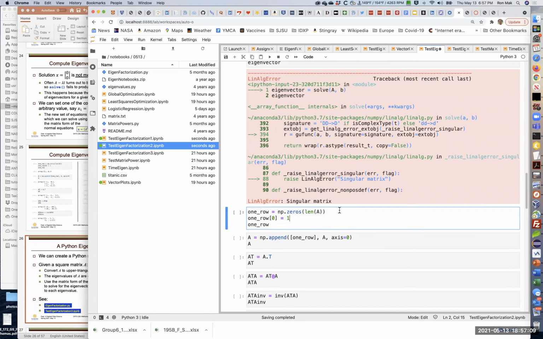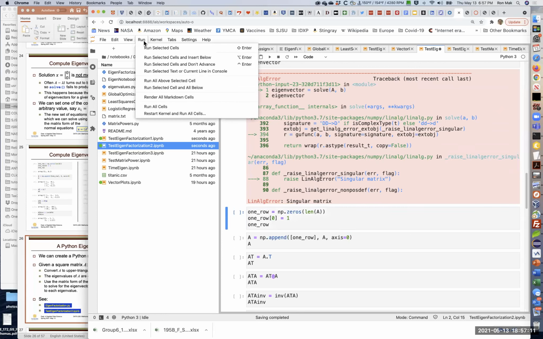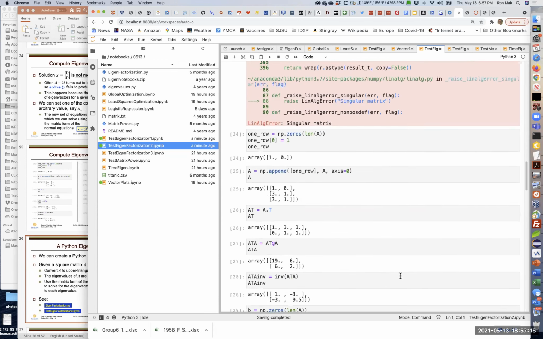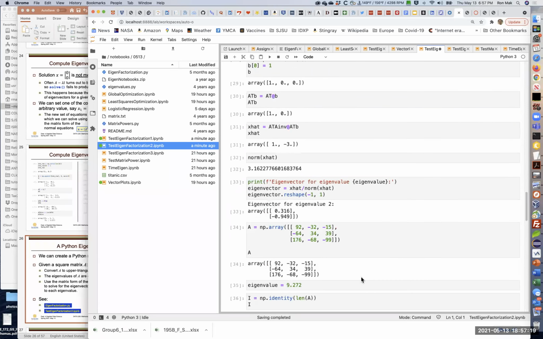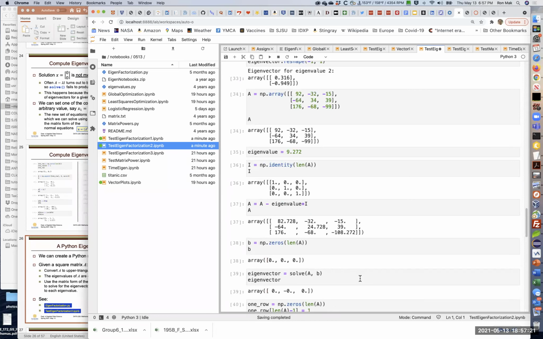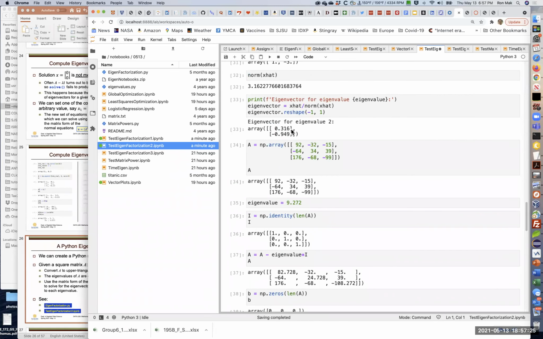So then I had to force one of the values to 1. You see that here. If I run from select cell all below, and finally, we did get the eigenvector corresponding to eigenvalue 2.